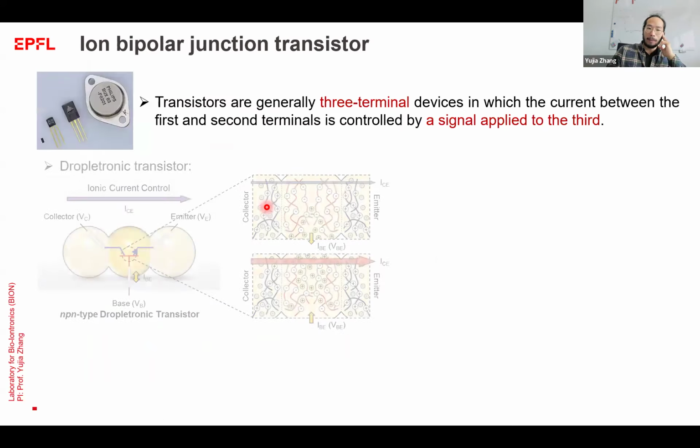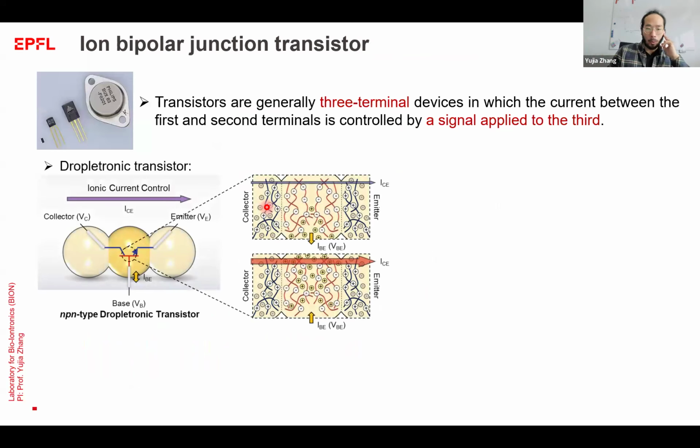Moving a step forward, beyond the iontronic diode, what is interesting is the iontronic transistor, and the working rationale is actually the same. At the middle gating droplet, if we apply, in this case, an upward voltage, it will push all the mobile ions back to the interface, and therefore it's more conductive.